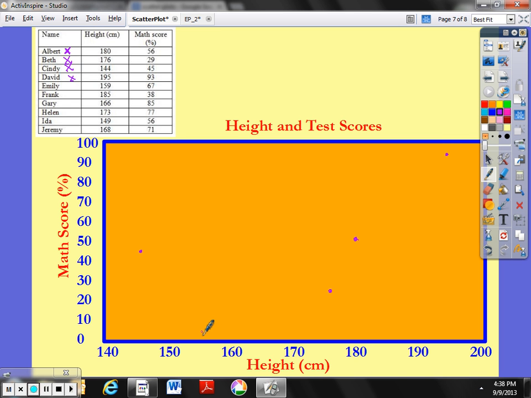We have Emily, 159 and 67. So she's close to 70. We have Frank, 185 and 38. So Frank, very tall, but didn't do too well in his assessment. Gary, 166, so approximately midpoint here, and 85.